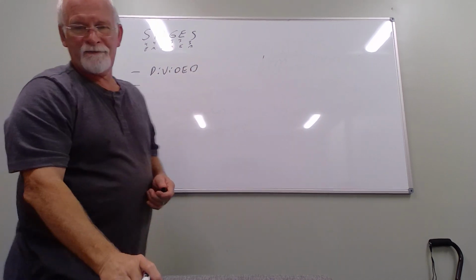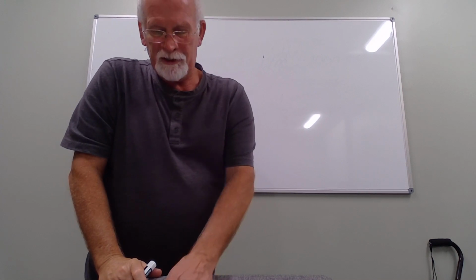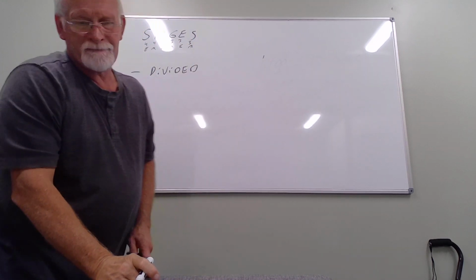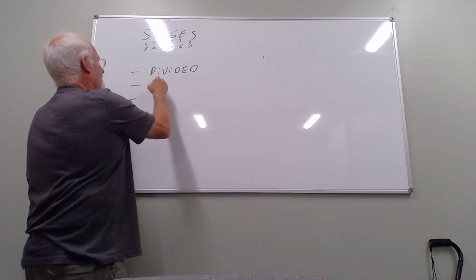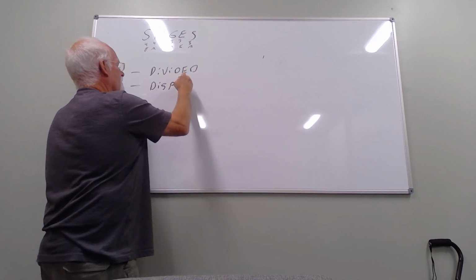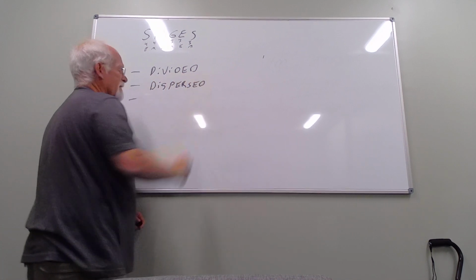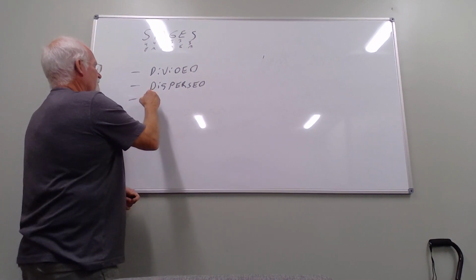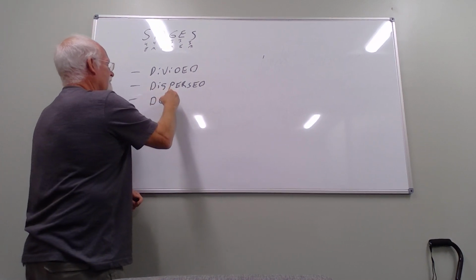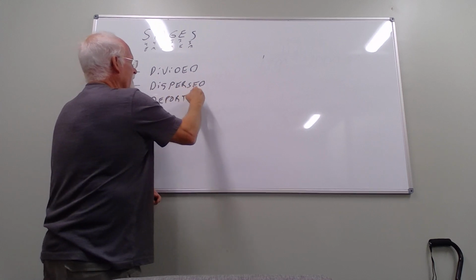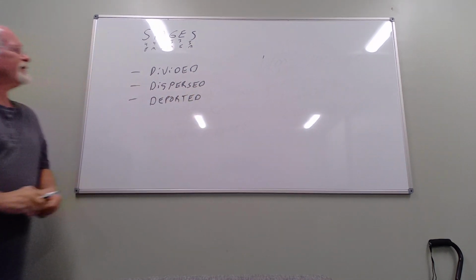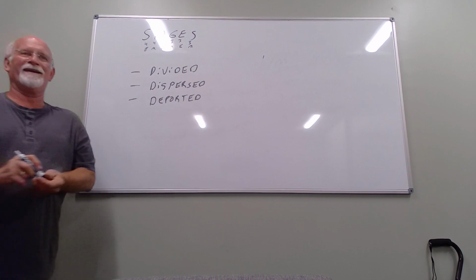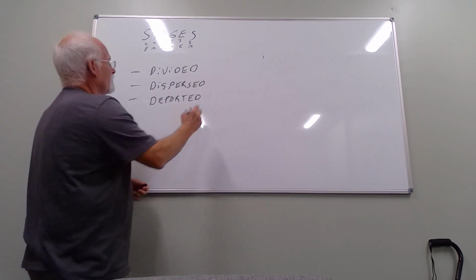That's the first event that happens under erosion, so you can write that in that box. The second event is dispersed, and the third event is deported. And at some point, Denny changed these, and he didn't call me and ask me what I thought for some reason. But this is what I prefer to use.